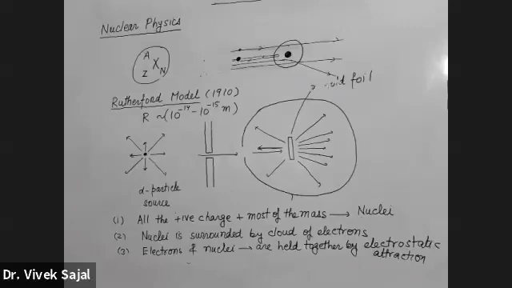So during his mathematical calculation throughout, he was assuming that this alpha particle as well as this nuclei are acting as point charges. This was his first assumption.